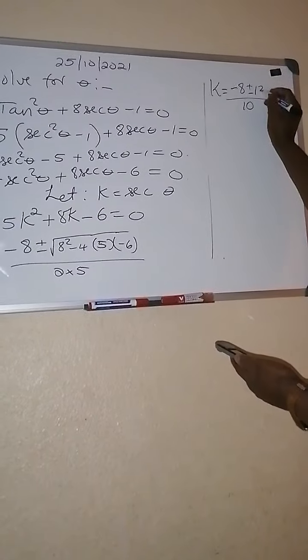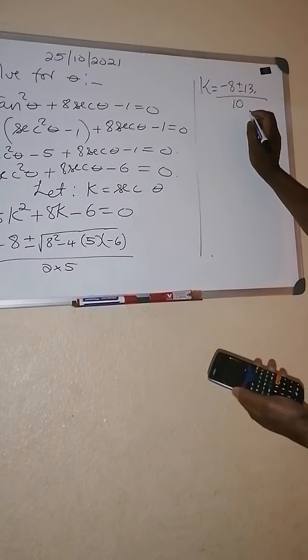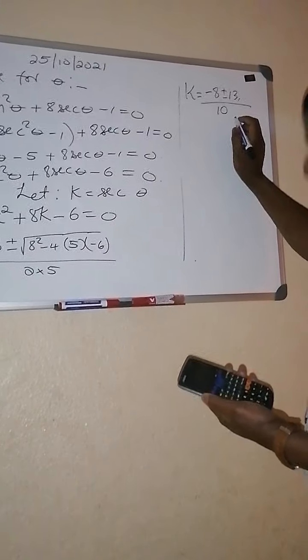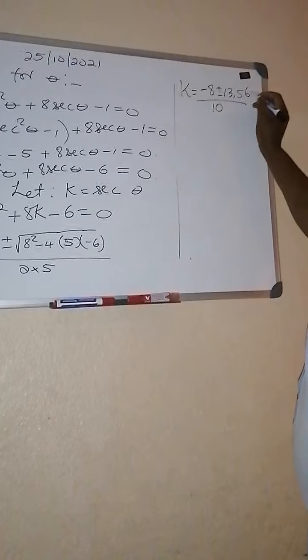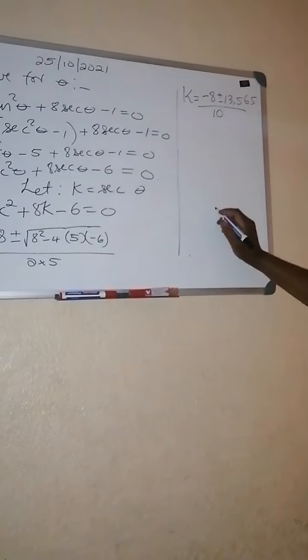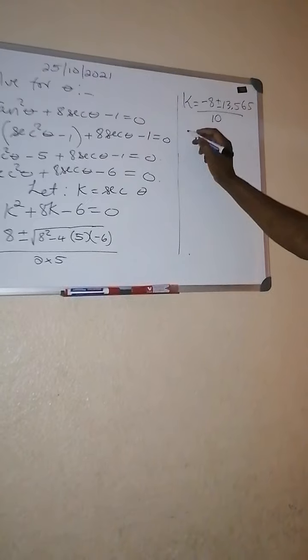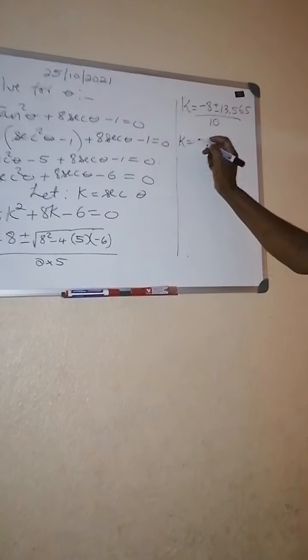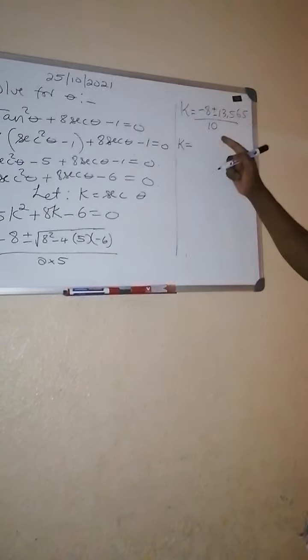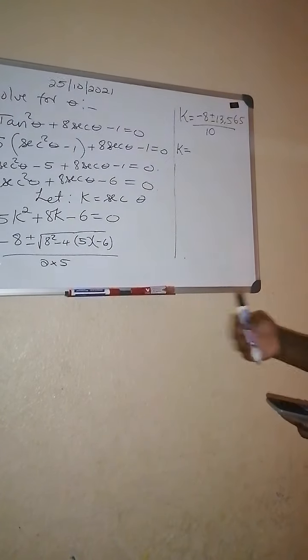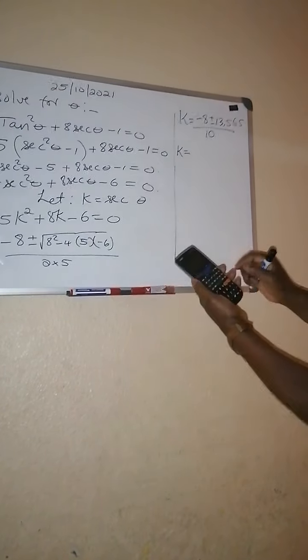So this gives 13.565. Now this with k will be the plus or the minus. So one value will be positive, the other value will be negative.